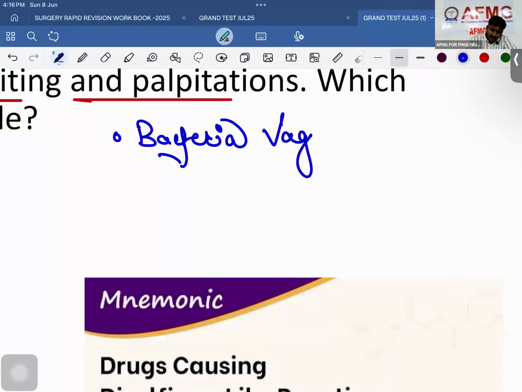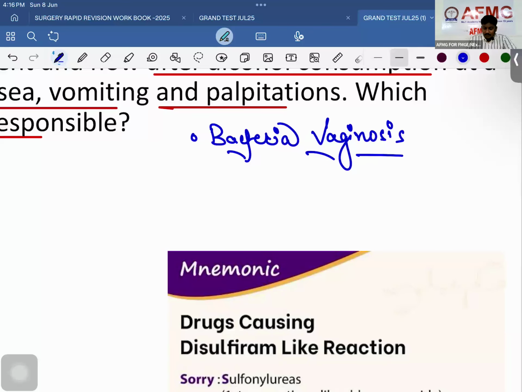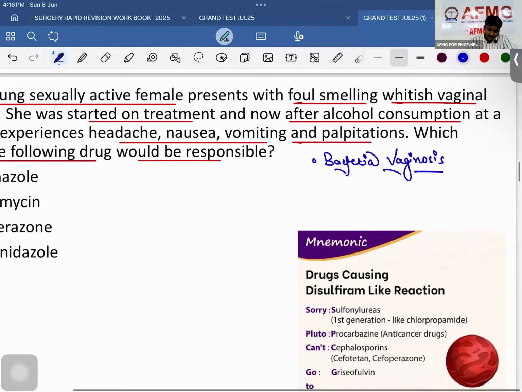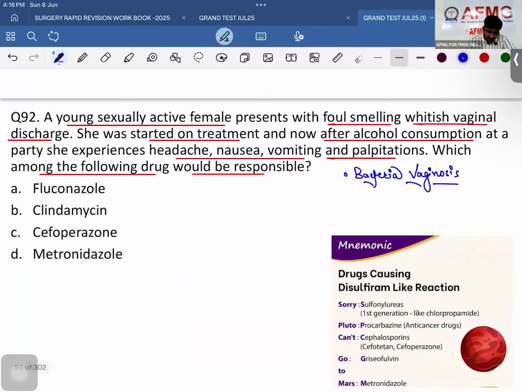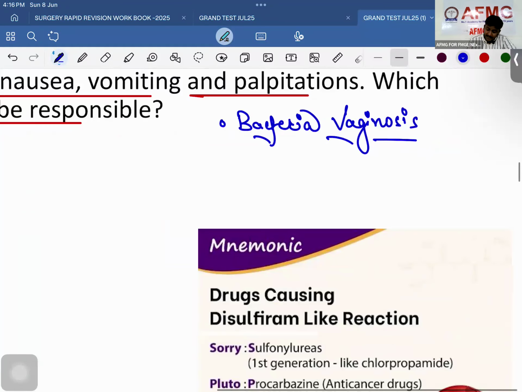Whitish vaginal discharge, which is foul smelling, is a feature of bacterial vaginosis, which is the most common vaginitis, beta. Here there will be a whitish or grayish vaginal discharge, and we will do the Amsel's criteria.